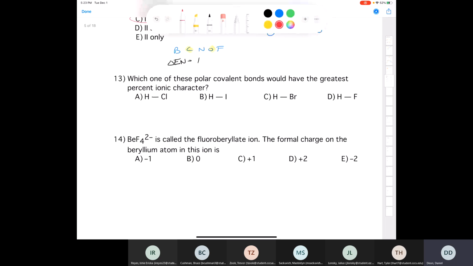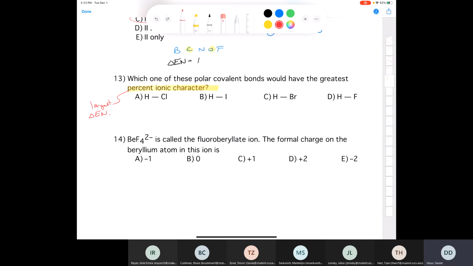Number 13, which one of these polar covalent compounds would have the greatest percent ionic character? Well, the greatest percent ionic character is going to be related to the largest difference in electronegativity. Notice that each one of these compounds contains hydrogen. So we don't even have to know the electronegativity value for hydrogen, do we?